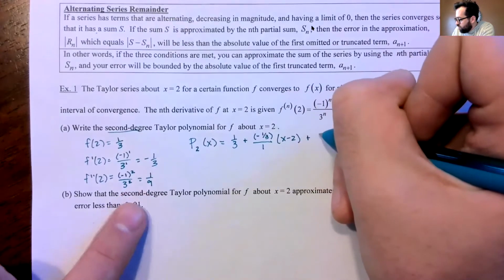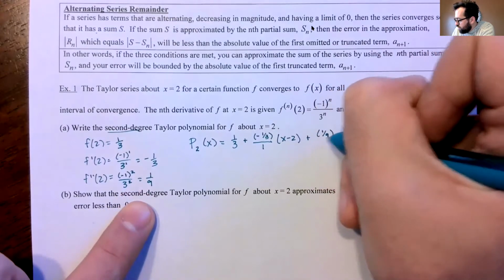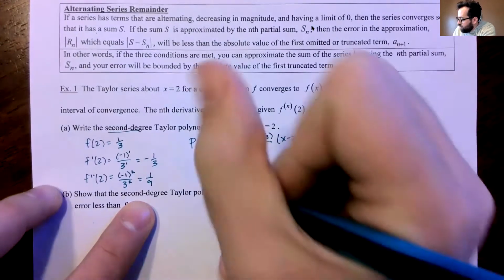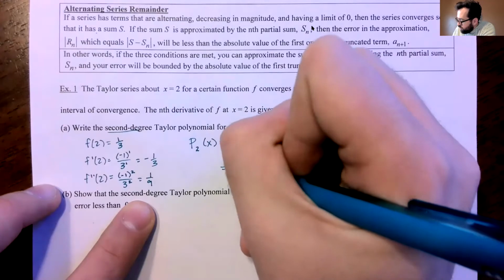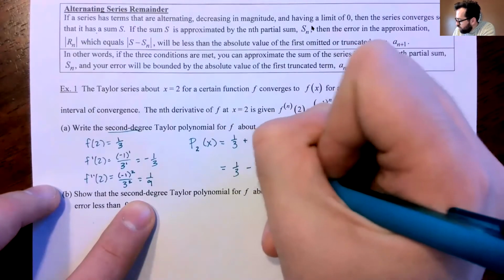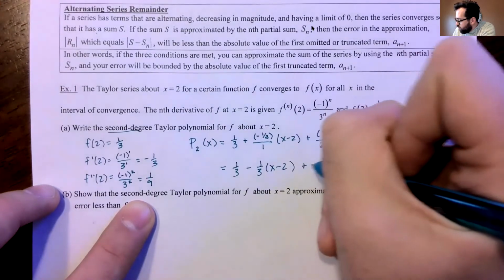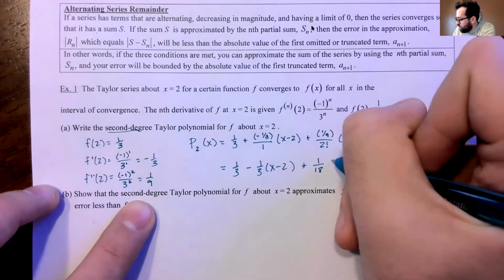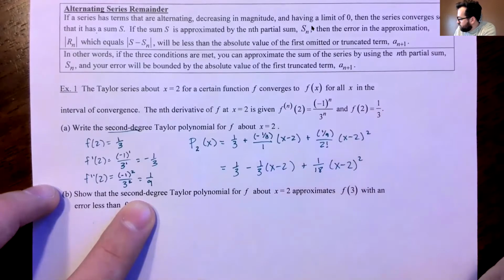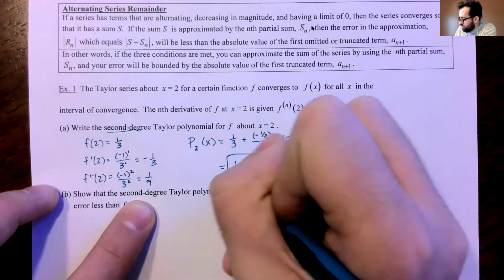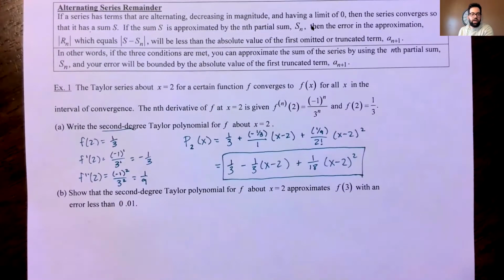And then we'll have 1/9 over 2 factorial times x minus 2 squared, which we could simplify to 1/3 minus 1/3 times x minus 2 plus 1/18 times x minus 2 squared. There we go. We answered letter A.